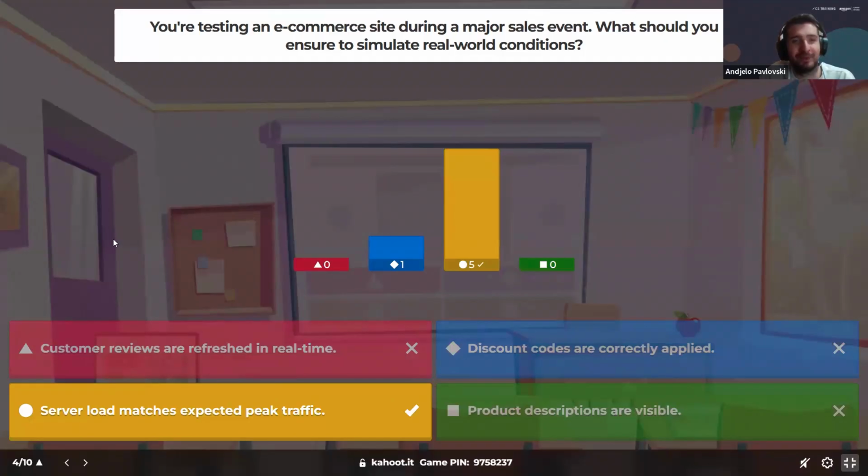Wonderful. I see nearly everyone says server load matches expected peak traffic, which is correct. It's a major sale event, so it's expected to have a lot of users that day. And for discount codes are correctly applied, this would be more of a functional test. So the answer is C, because again, this is non-functional, what we're looking for. But still, that should also be verified from a functional perspective.